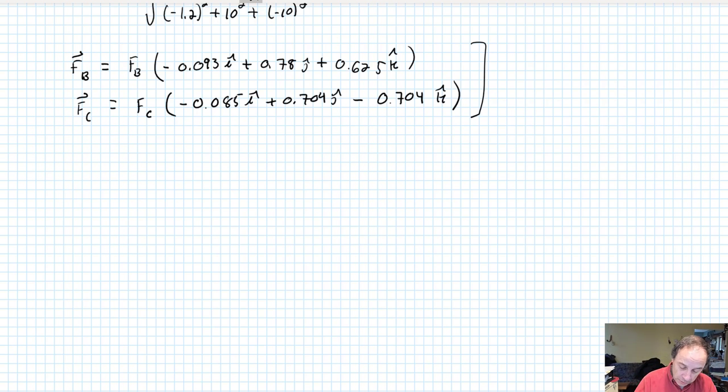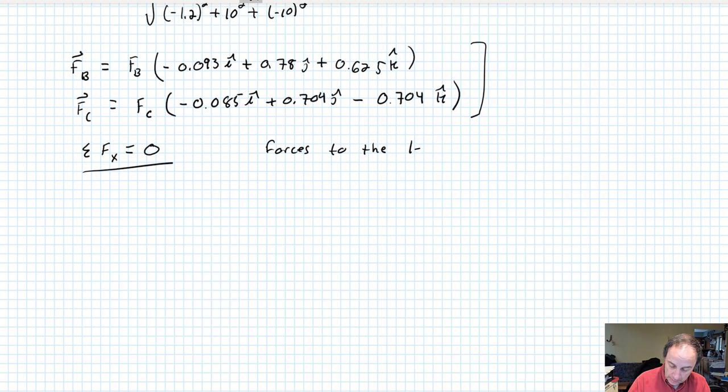So for the whole structure, we're going to start with, it doesn't matter which of these you do first, I'm going to sum the forces in the x and set them equal to 0. Now instead of doing that, I'm going to do it by forces to the left equal forces to the right.